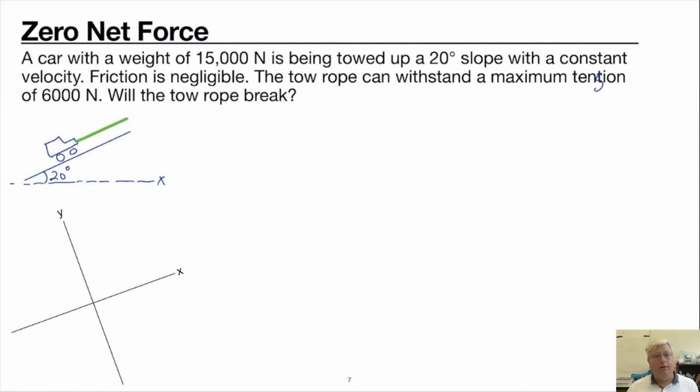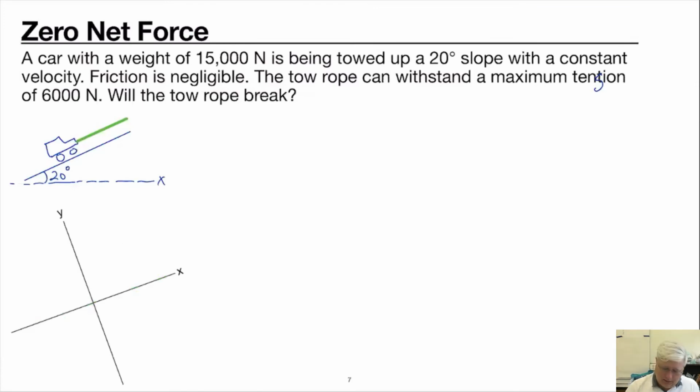So we can go ahead and make our free body diagram, and you also notice that I already tilted the axes on our coordinate plane in anticipation of doing this. We can refer to that 20-degree slope, that hill, as our x-axis.